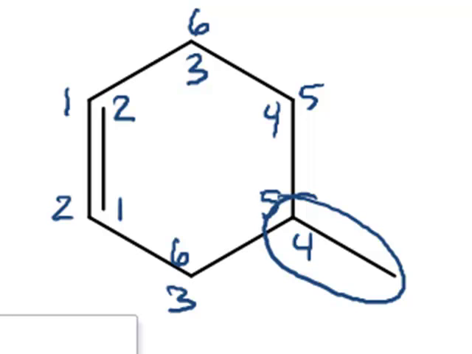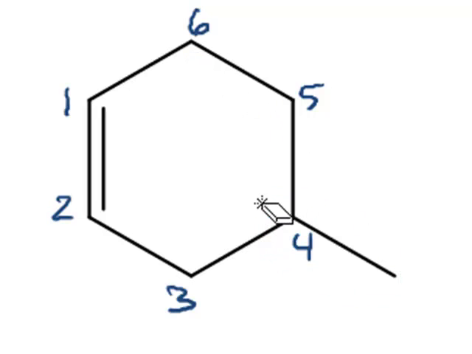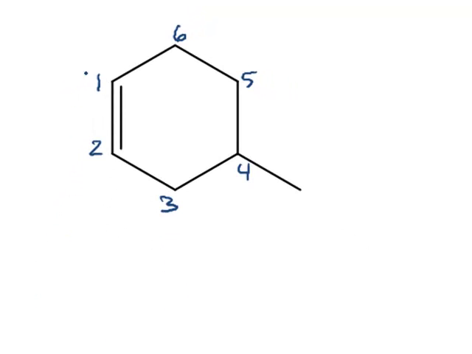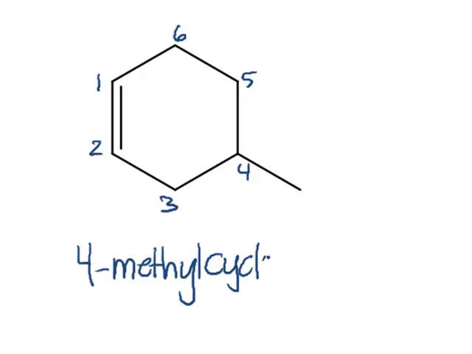Because we want to get the lowest numbers possible, the correct option for this name is to number it according to the numbers that are on the outside of the ring. The name of this molecule would be 4-methyl, because I have a methyl substituent, cyclohexene. 4-methylcyclohexene.